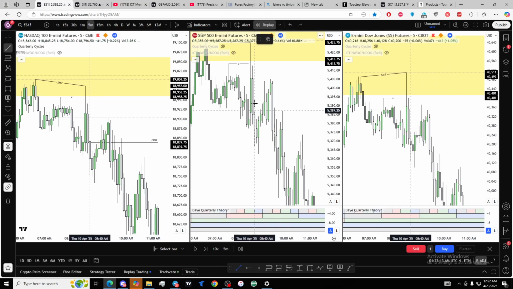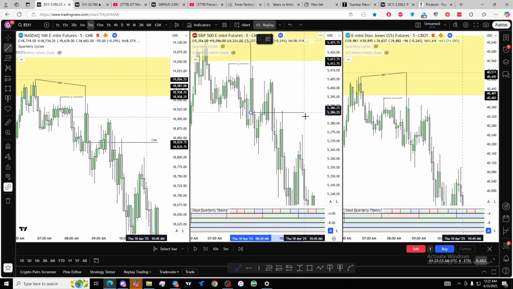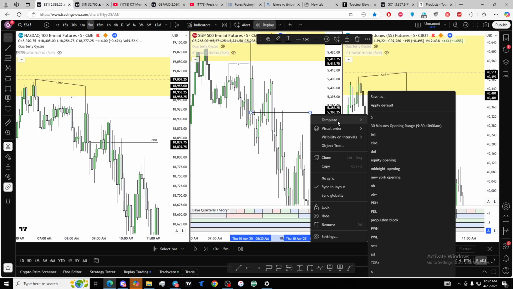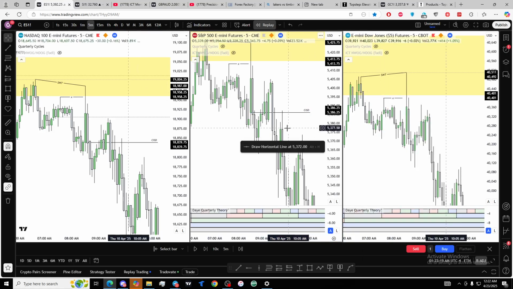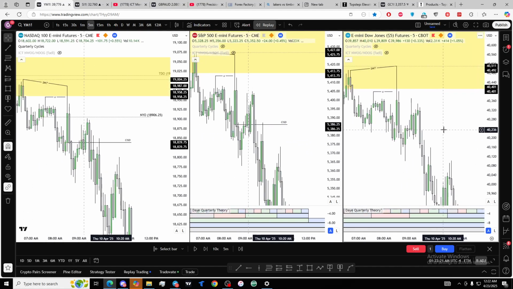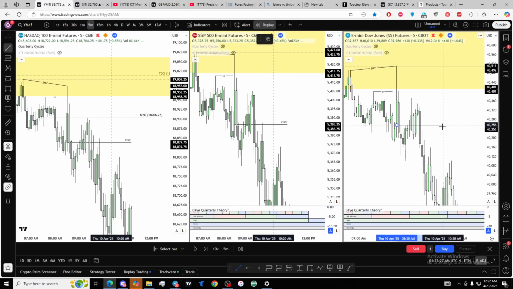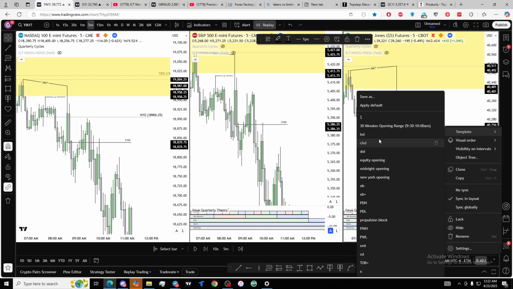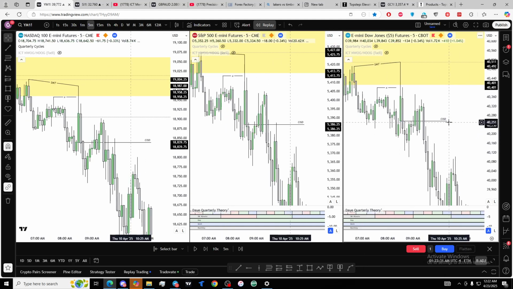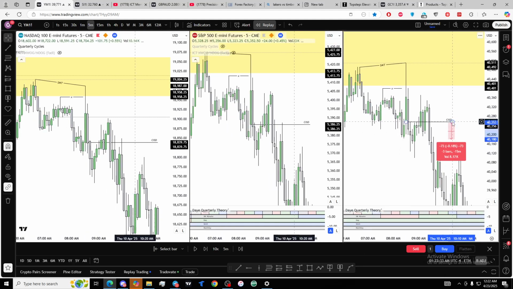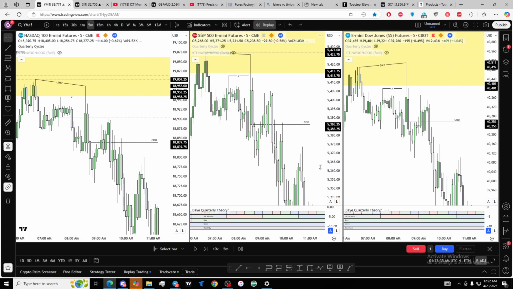Same thing when it comes to this. We got a close below. Over here, we got a close below. So the way you will enter this trade is you will enter at the change in state.